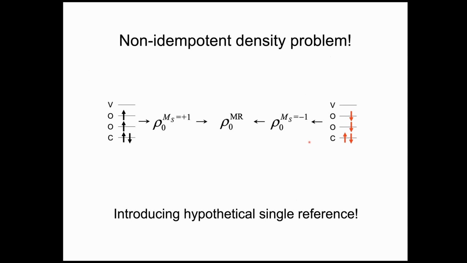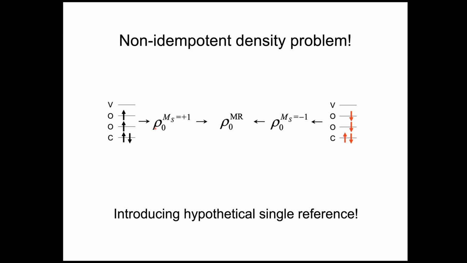As soon as you start using multi-reference, your density becomes non-idempotent. Then you cannot derive the linear response theory at all. So your density has to be idempotent, even if you are using more than one reference. That was a really challenging problem.